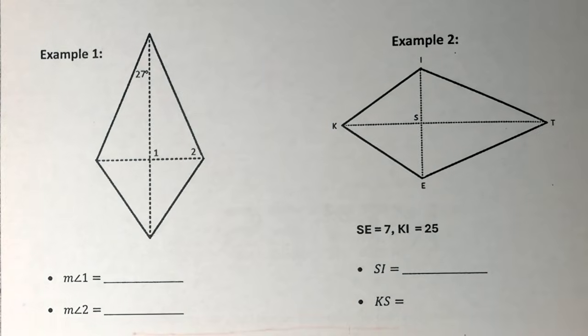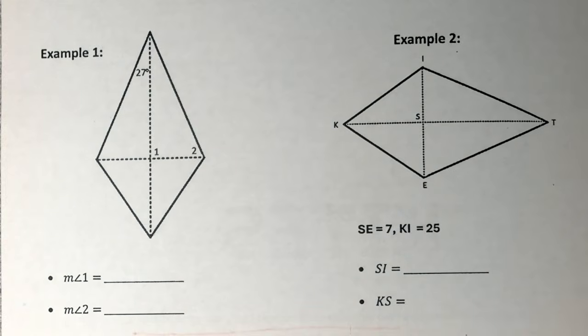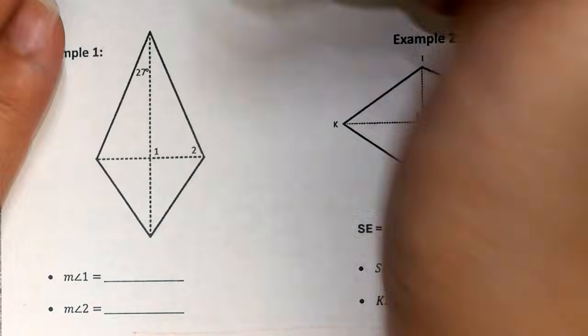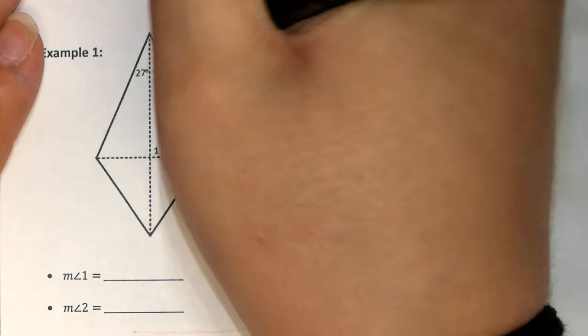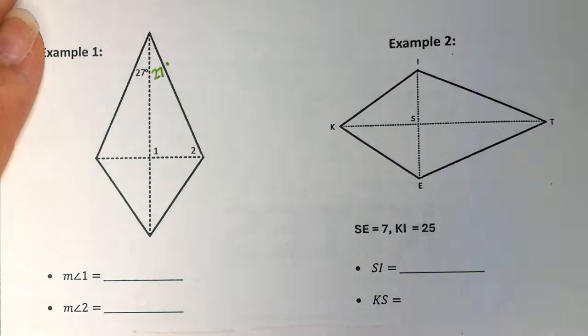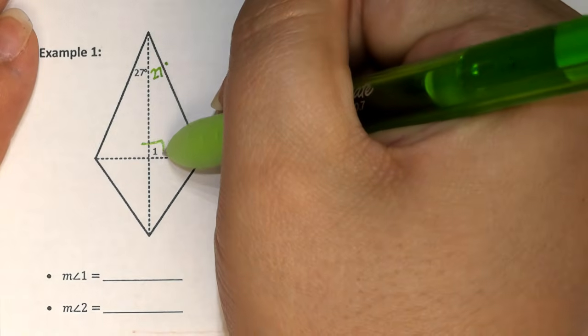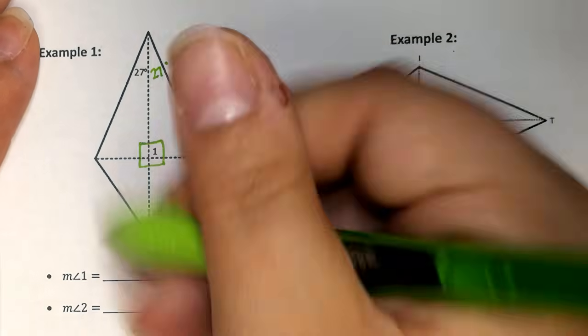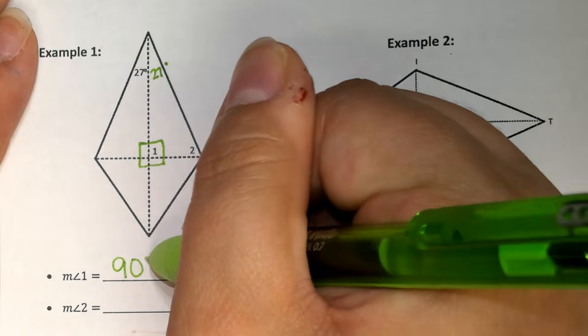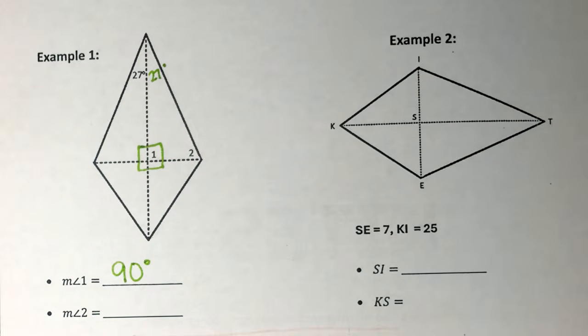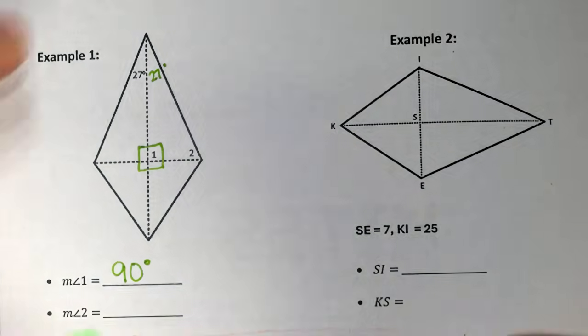Number 1. Without even looking at the questions, what do I know? The 27 goes right there. And there should be a 90 degree angle. And I know angle 1 is 90 degrees. So we already answered a question and I didn't even have to look. How do I find angle 2? Subtract from 180.